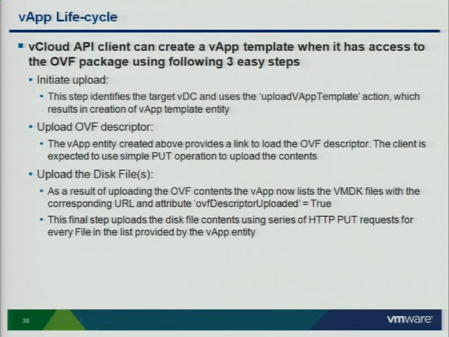Once we upload the OVF descriptor, we know how many VMs are there in that VApp and how many disks are associated with each VM. Basically, the backend will resolve all these things and say, okay, now my VApp template looks like it has 2 VMs in it. Each VM has, let's say, 2 VMDK files, or 2 disks, associated with it.